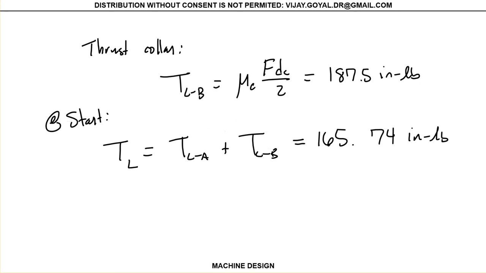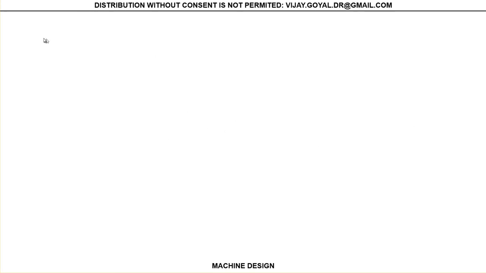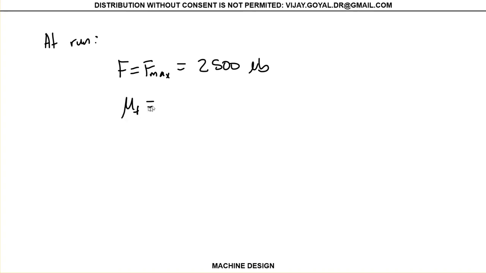Okay, now we have to repeat the problem again, but for run. Okay, so let's do this again. At run, I'm going to have F is equal to F max, 2,500 pounds, mu F is equal to 0.10, and mu C is 0.06. Then this will be the screw nut interface.